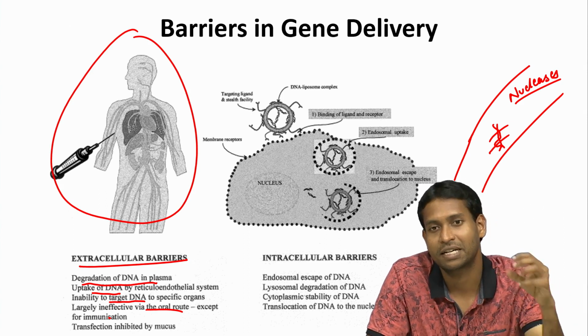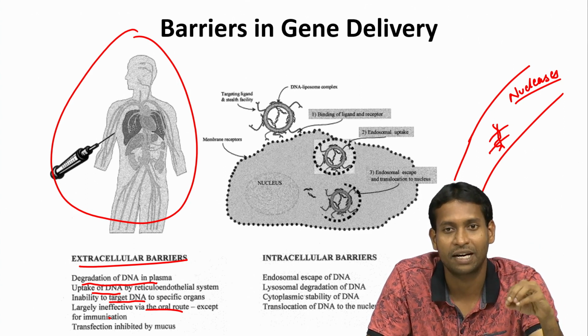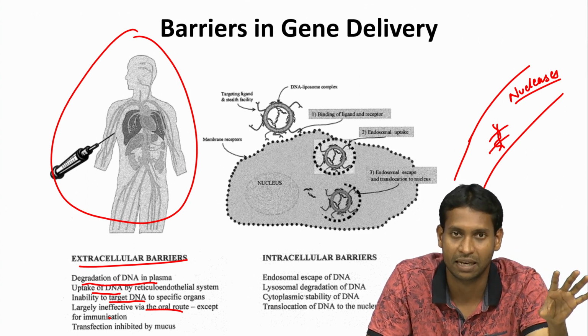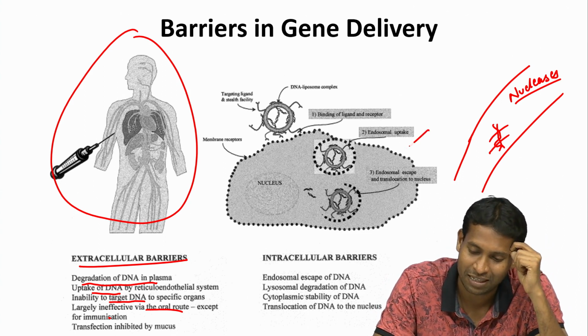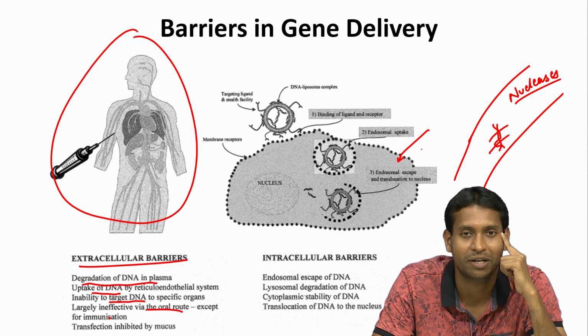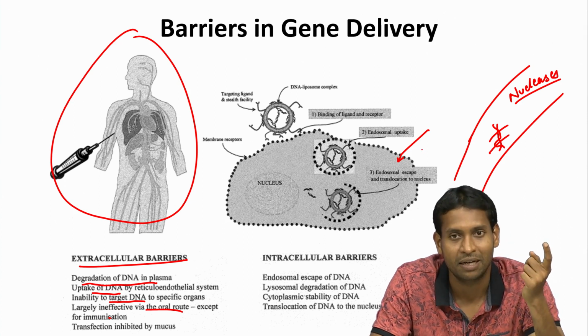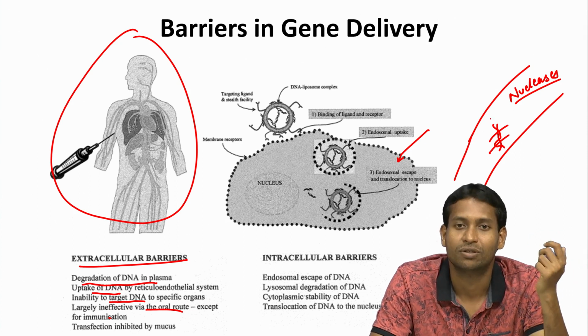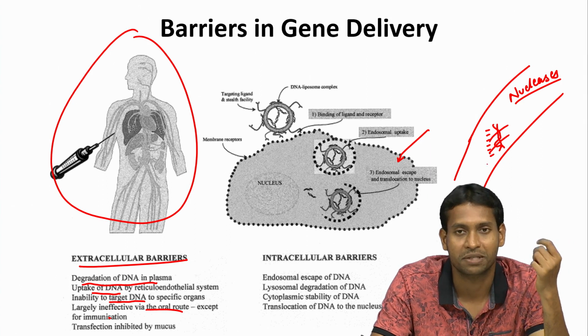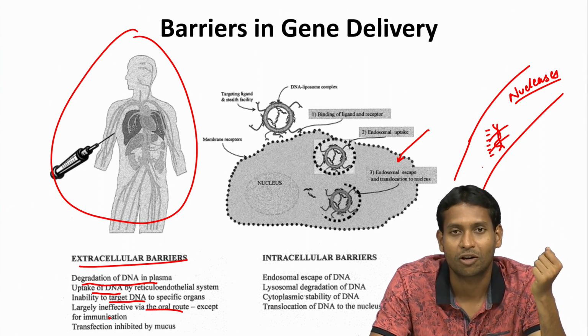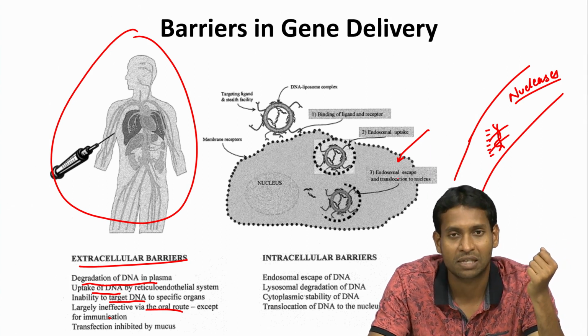So let us say that after all these barriers, some of it has been able to reach the target cell. Once it reaches the target cell, the first question is how it is going to go inside the cell, because the cell membrane is not permeable to such large molecules, and DNA is also charged. DNA is quite negatively charged, it has several phosphate groups, so you are not going to be able to diffuse through the cell membrane.